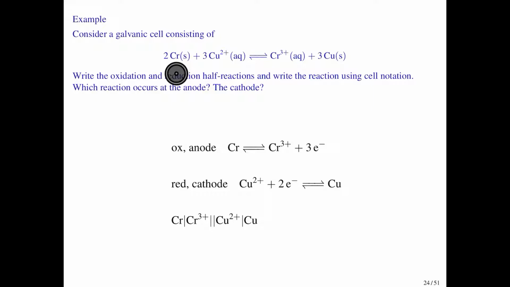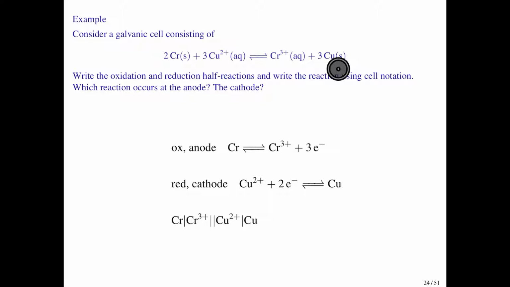We have elemental chromium, so that's an oxidation state of 0. Here we have copper in the +2 oxidation state. Anyway, this is chromium oxidation state of 0, copper 2+ oxidation state. On the other side of the reaction, we have chromium in a +3 oxidation state. So we can see that the chromium is oxidized and that the copper is reduced.